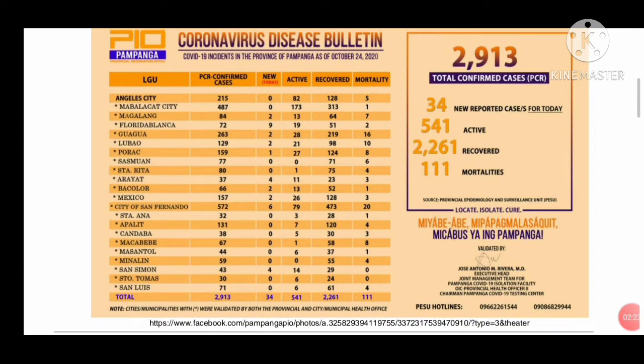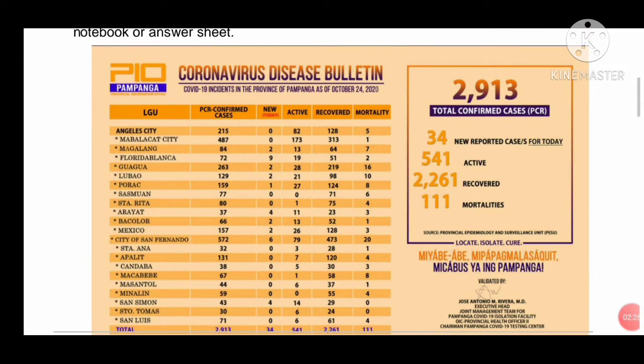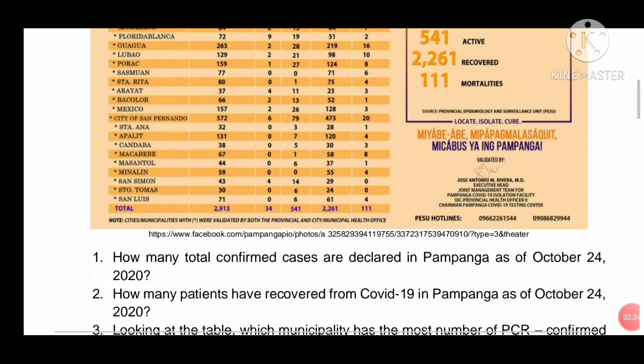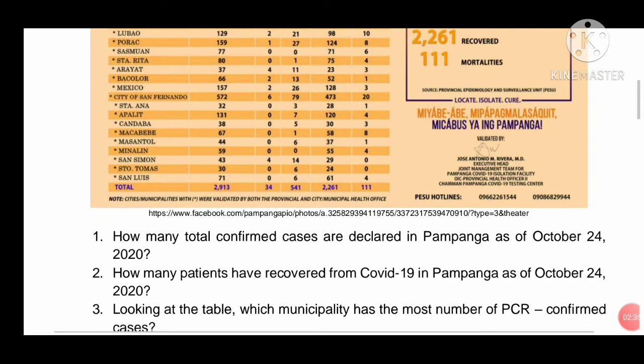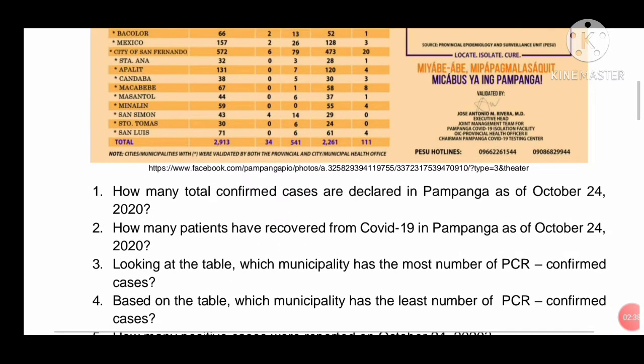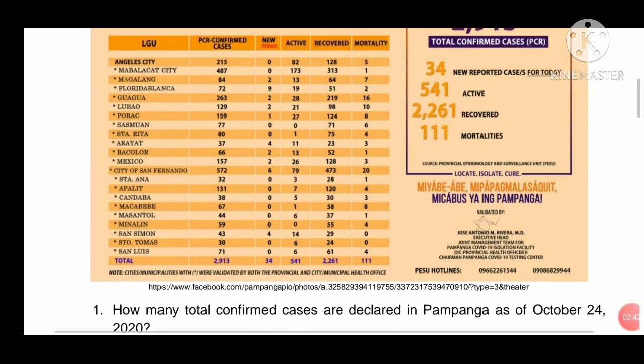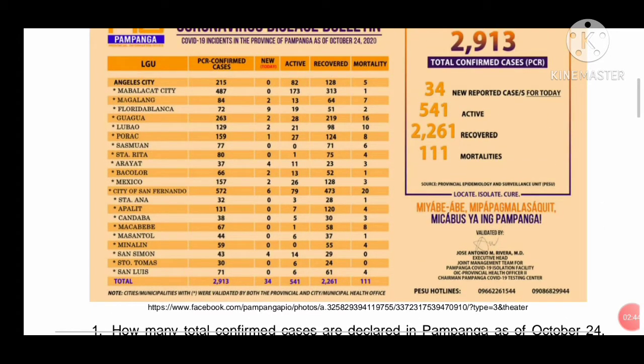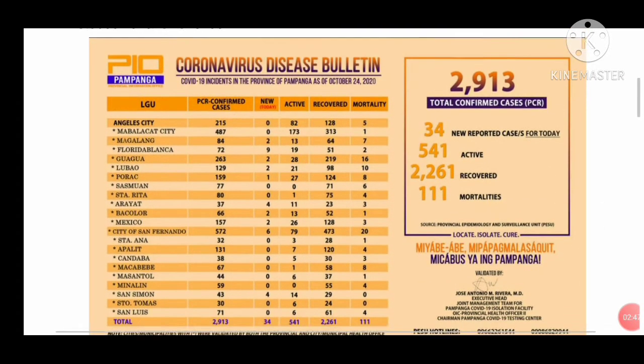Upon seeing the table, there are data included there, right? There are numbers and information. By using the table, let us answer the questions. What you need to do here is to observe the table keenly.